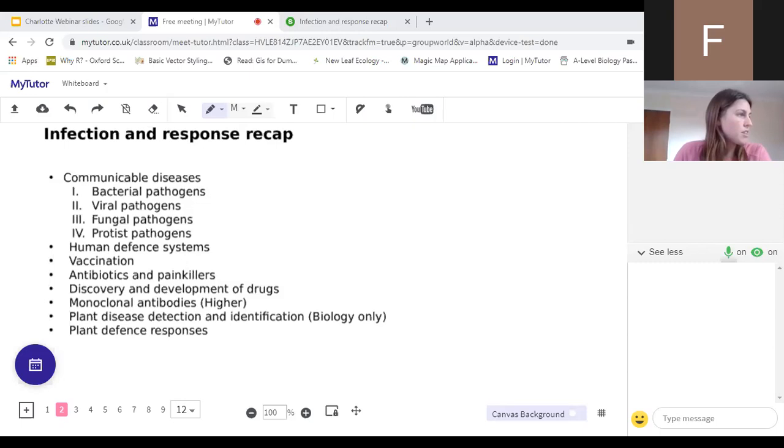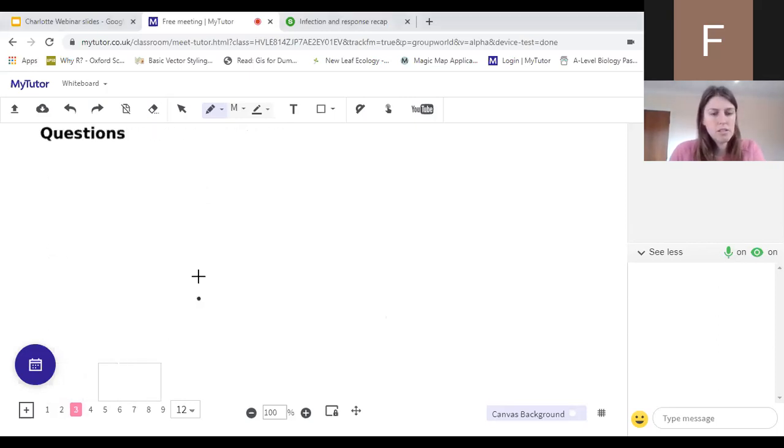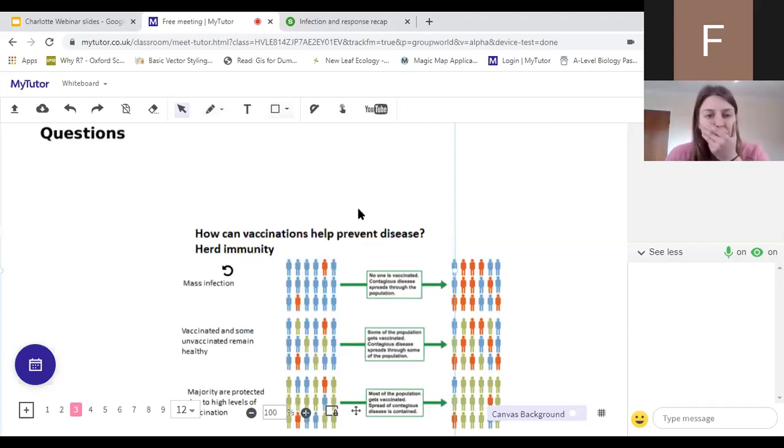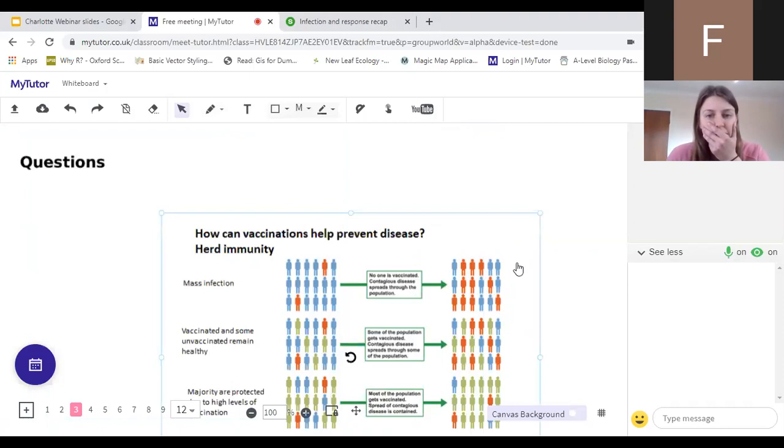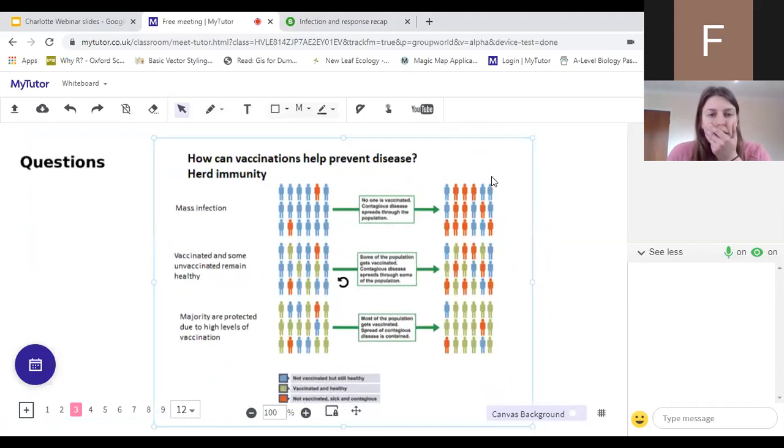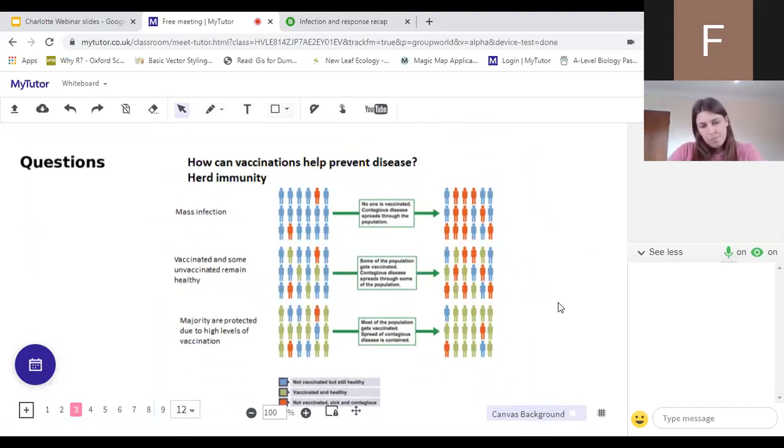So we had this really good slide on herd immunity that I will pull up now. Herd immunity is something that we always talk about when we talk about vaccinations.